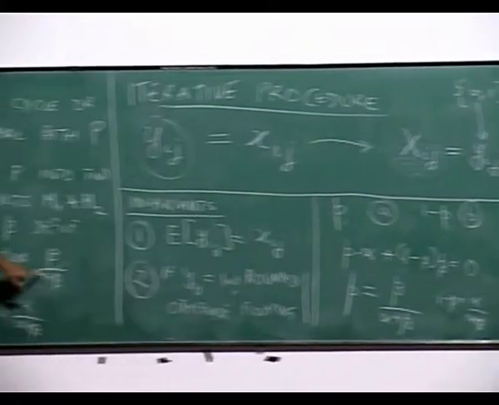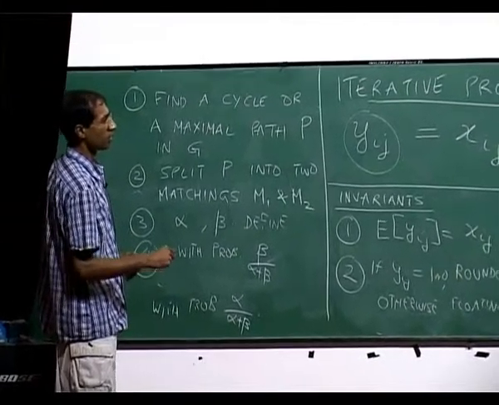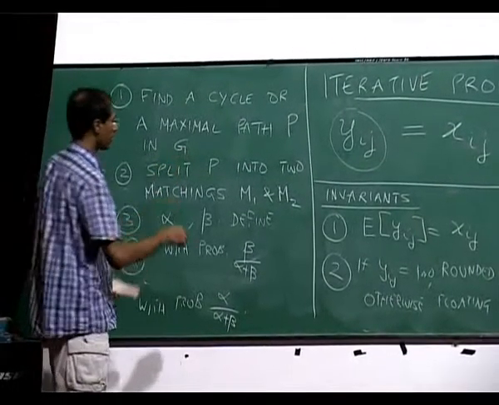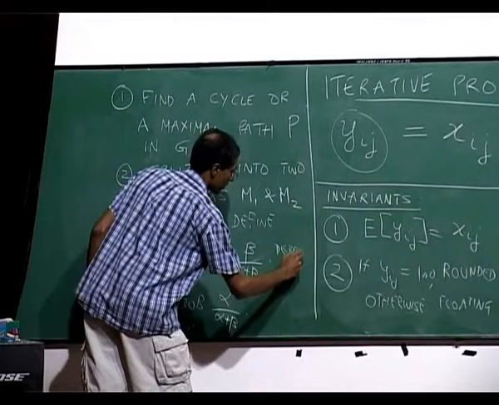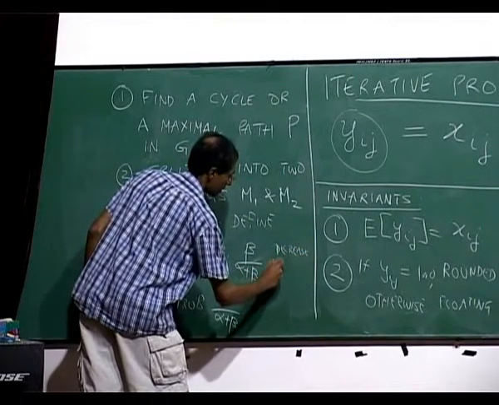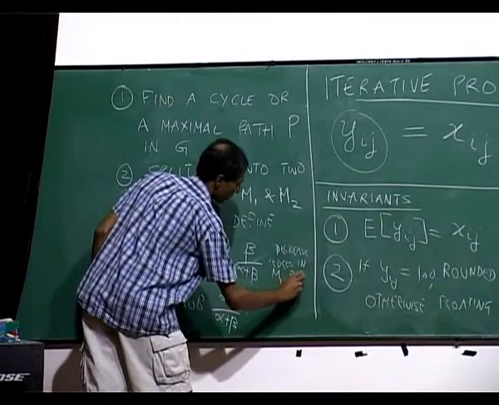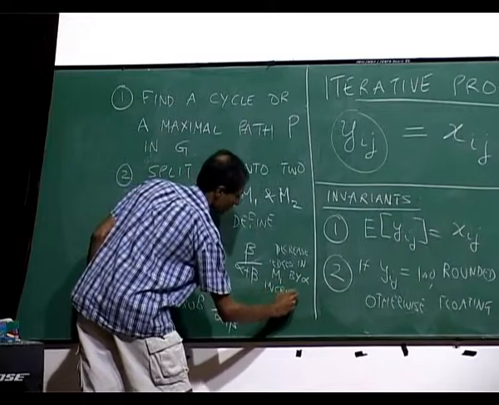So with probability beta over alpha plus beta, I will decrease edges in M1 by alpha and increase edges in M2 by beta.